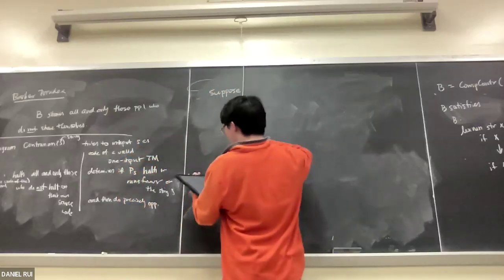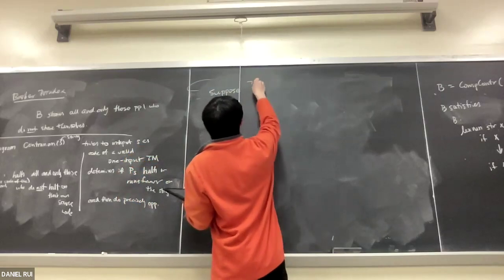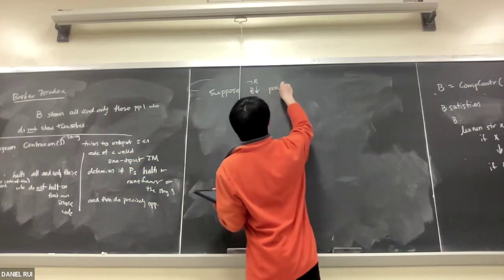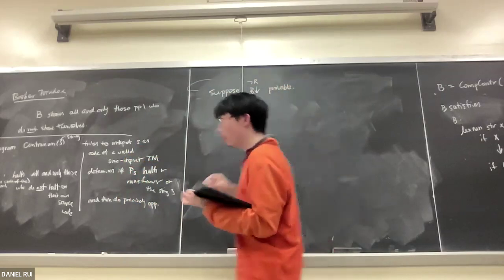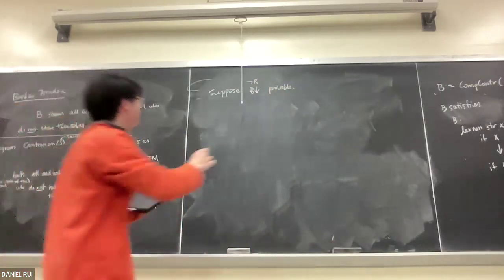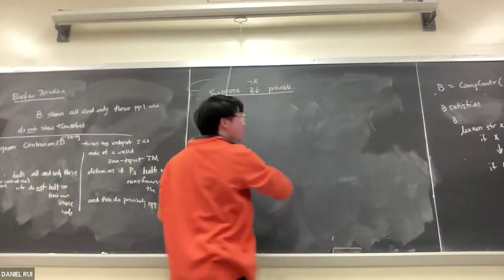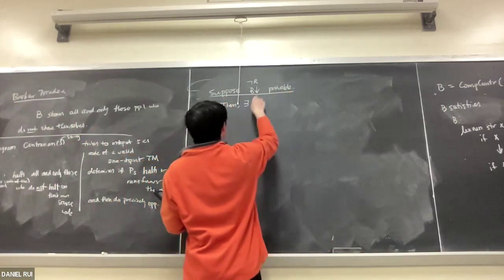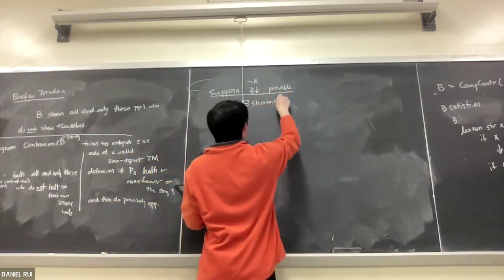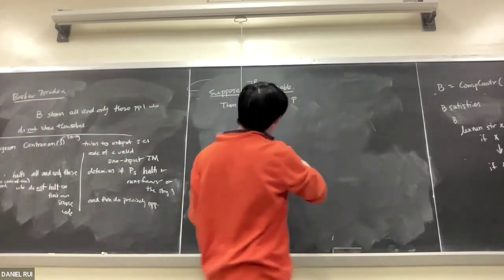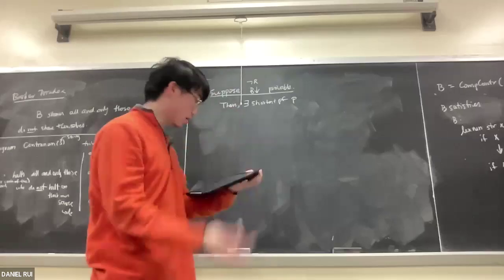Suppose that the negation of R, in other words, B halts, is provable. Then there exists a shortest proof D of the fact that B is going to halt.